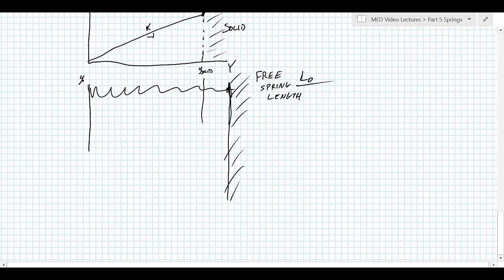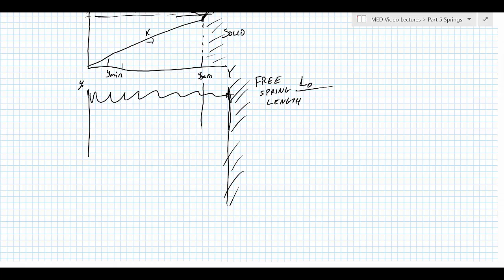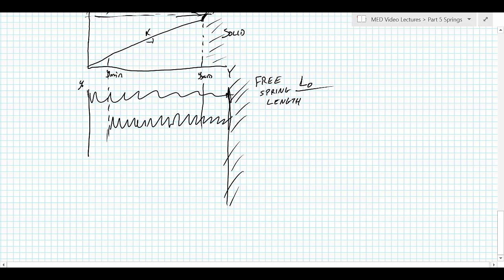Now, in practice, it's not useful really to ever have a spring just freely sitting there. So instead, we always keep this spring under a little bit of compression all the time. So this would be F is 0.